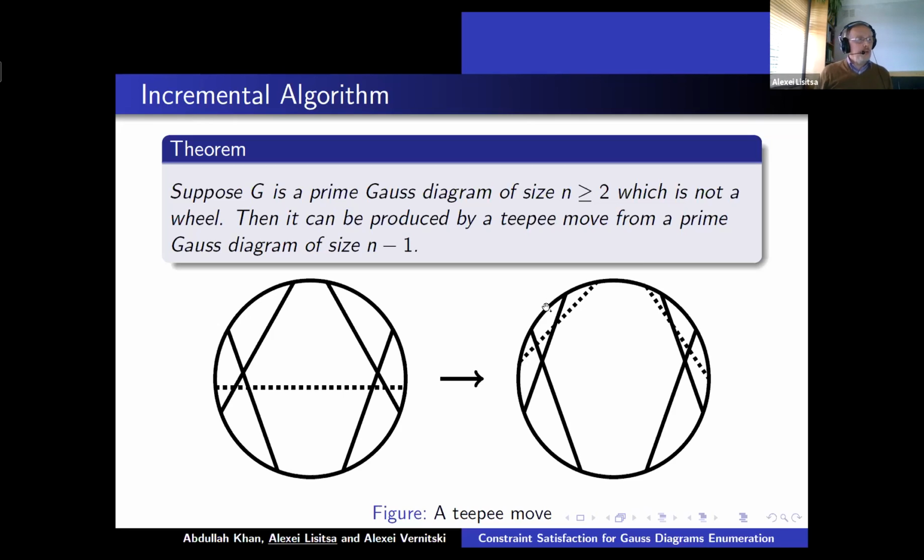If you do it for all possible diagrams of a smaller size, you generate all possible diagrams of a bigger size, except one special diagram, called a wheel, a diagram in which opposite dots on a circle are connected, exactly opposite. This diagram cannot be obtained by this procedure. It has to be added after you generate all the others.